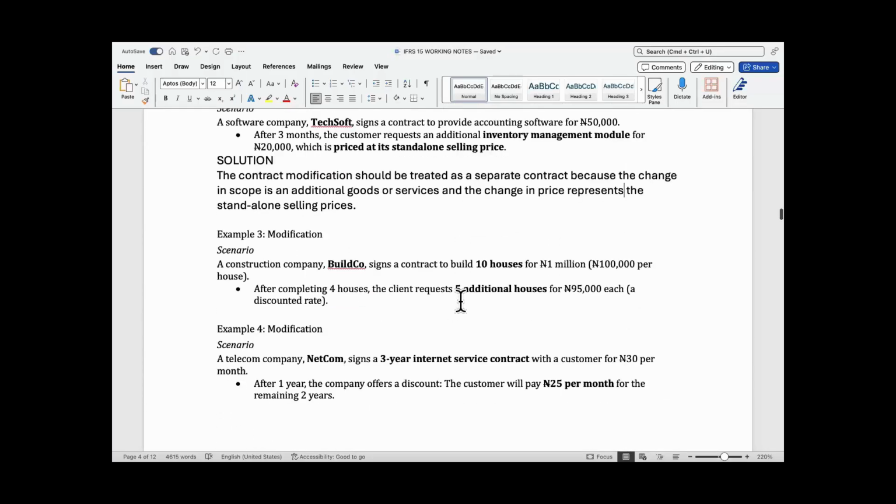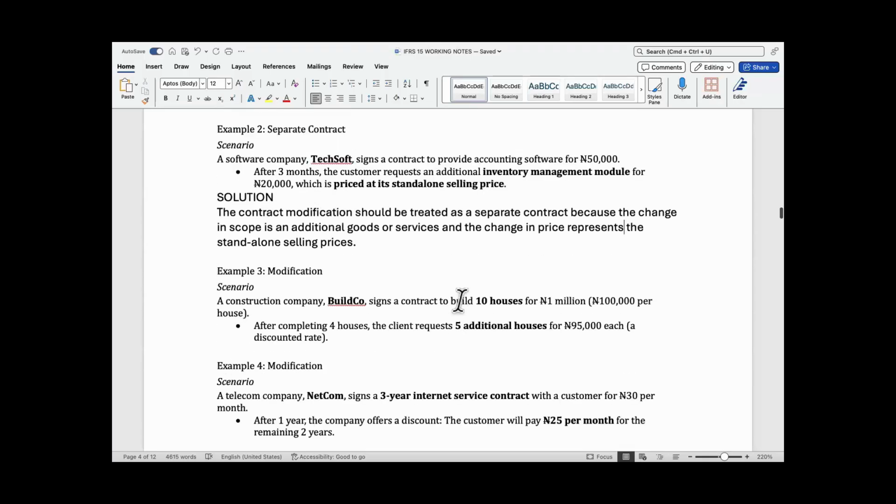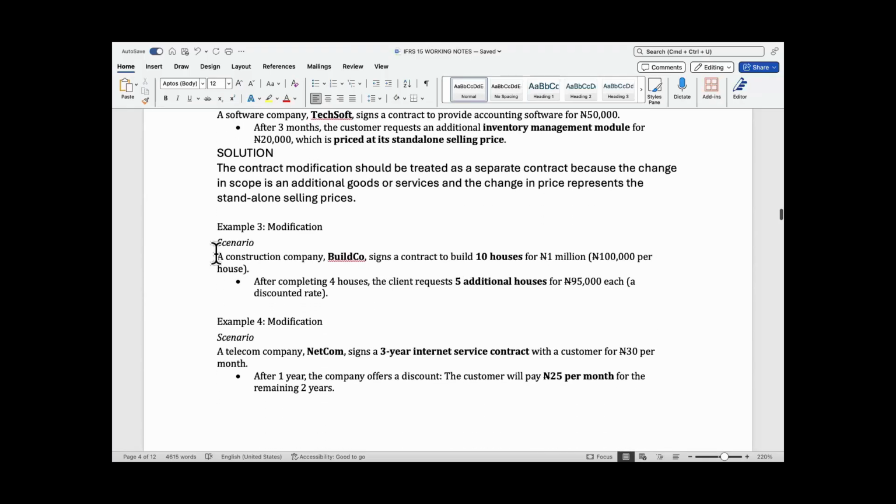Another scenario says that a construction company, Buildco, signs a contract to build 10 houses for 1 million, which is 100,000 per house. After completing 4 houses, the client requested 5 additional houses for 95,000 naira each.